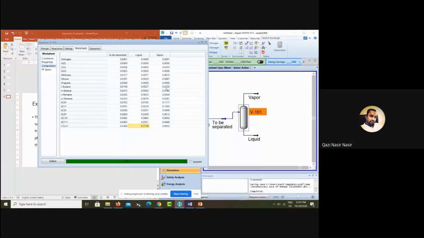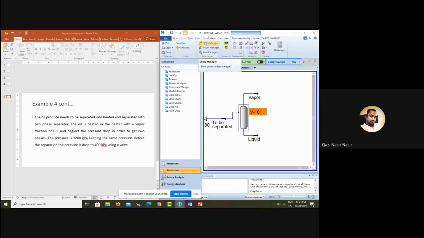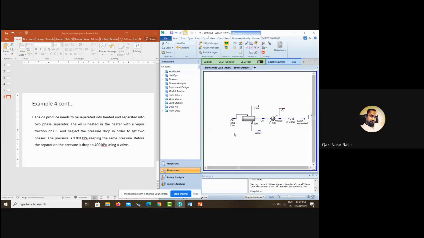You can see from this chart also that the majority of the gases are removed in the vapor phase. So the majority of the liquid is removed in the liquid phase, and the majority of the gases you get in the vapor phase. This is the idea behind this simulation: you have a stream of oil, gas, and some water, and you create that stream.